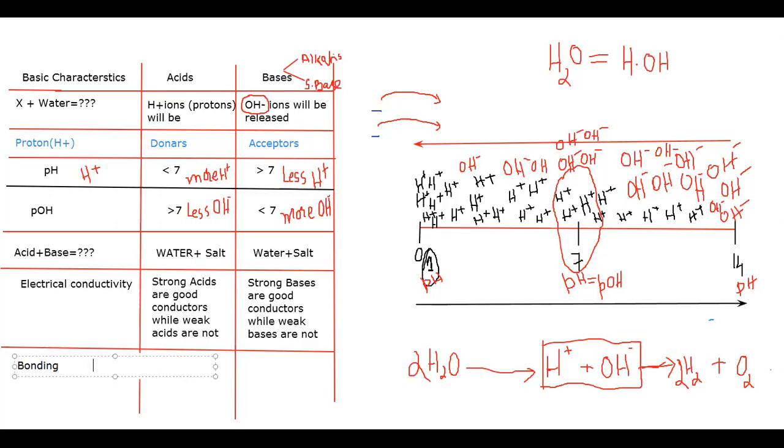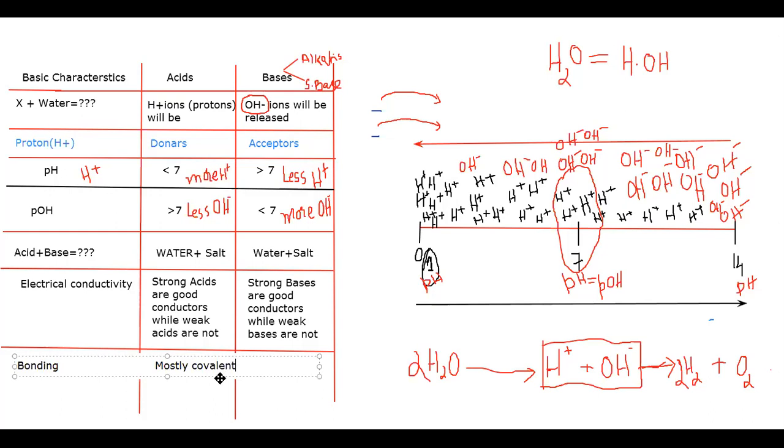Usually when you talk about acids, acids are usually non-metals, so they usually have covalent bonding, or mostly they have covalent molecules. When you talk about the bonding or the nature of the substance, acids have covalent bonding.